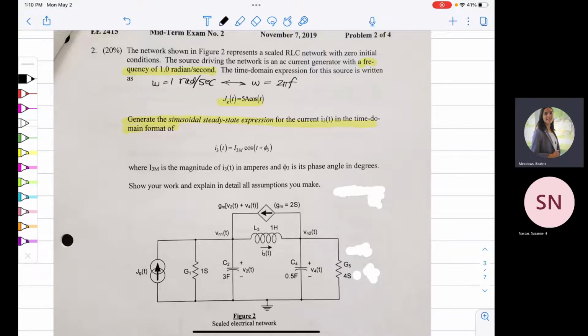Because there's nothing next to the t. Usually your argument is cosine omega t, and because you're only seeing a t by itself, your omega is 1. That's not always going to be the same. In this, what he wants us to find is I3 of t in time domain format. There should be an omega here, but since it's 1, he just takes it out.